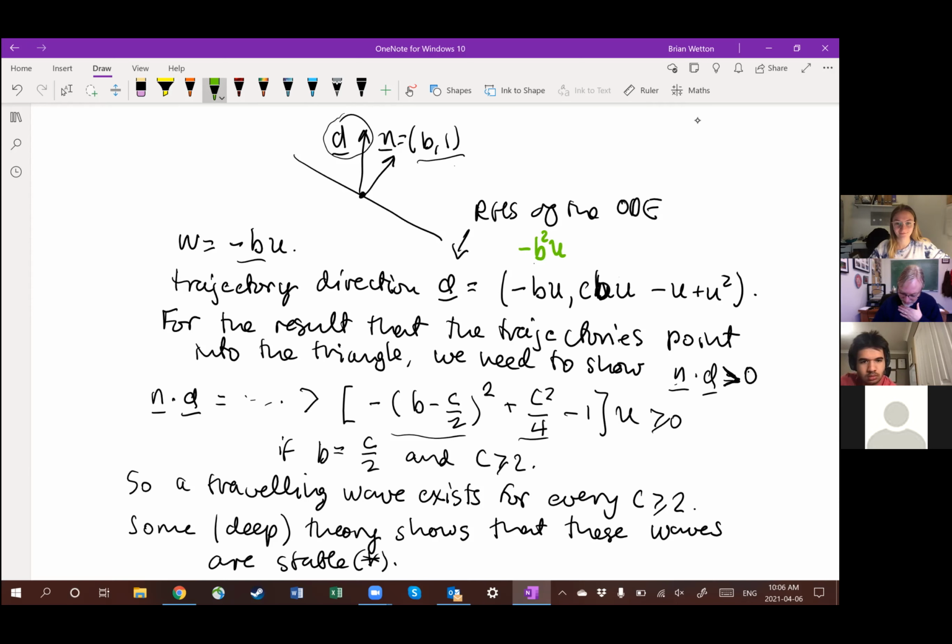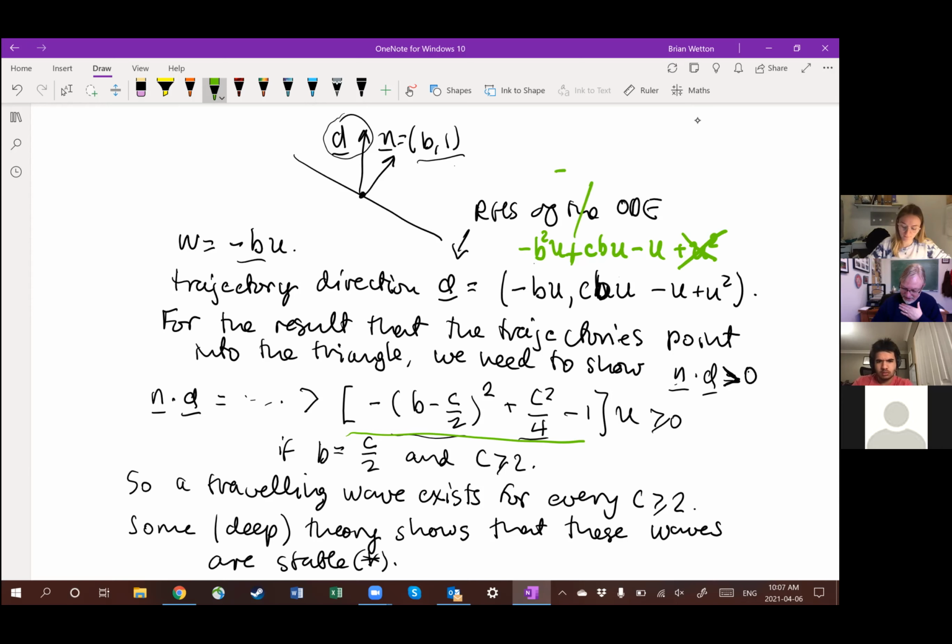Now I'm going with this 1 times this thing, so I get a CBU, and then a minus u and a plus u squared. So if I cross this off, because that just makes it more positive, then I get this thing. So that's where it goes.